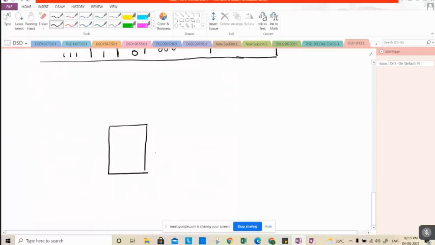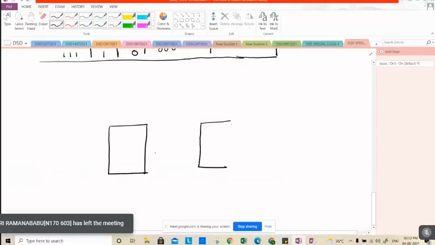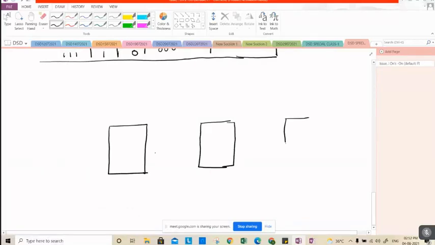So the 3 flip-flops will be drawn in this way. If this is D2, this will be my Q2 and this will be Q2 bar. D1, Q1 and Q1 bar. D0, Q0 and Q0 bar.